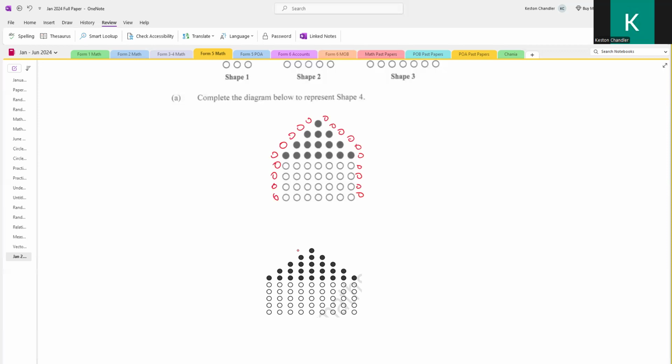Before you had 4 and 4. You see it? 1, 2, 3, 4. 1, 2, 3, 4. So now you're doing 5. 1, 2, 3, 4, 5. 1, 2, 3, 4, 5. Everybody see now? Right, so this is the new shape. Everybody good with that, right? I'm going on.